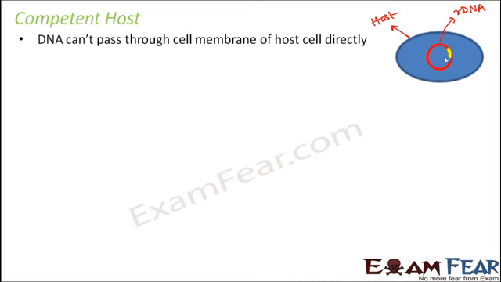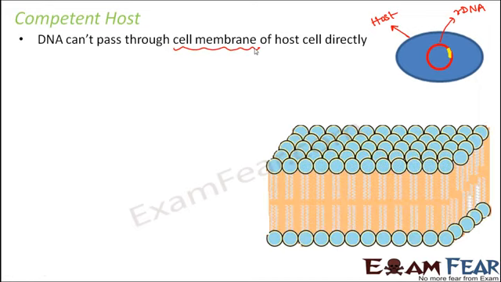Whenever you talk about the host cell, what is present as the boundary of the host cell? The boundary is nothing but the cell membrane. If you remember the structure of the cell membrane, it has a bilipid structure, that is, it has two layers of phospholipids.